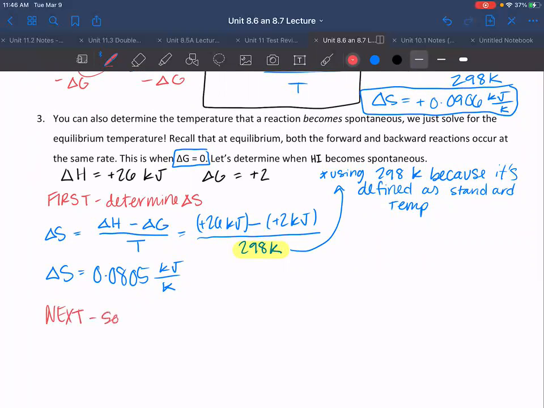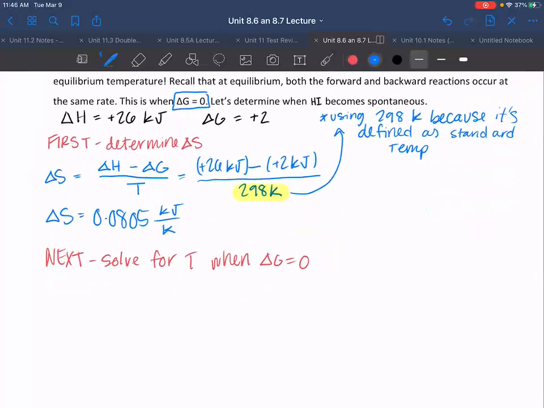Okay. Next, we need to solve for T when delta G is set to 0. So our new equation here is going to be 0 is equal to delta H minus T delta S. So we're just replacing that delta G with a 0. And then we have to solve for T. So we don't like negative terms.